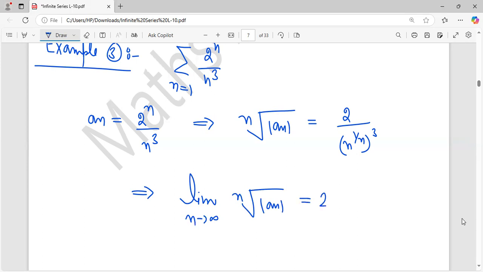That is rho. And rho is 2, which is greater than 1.